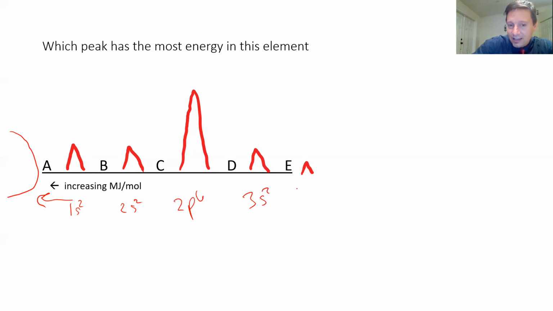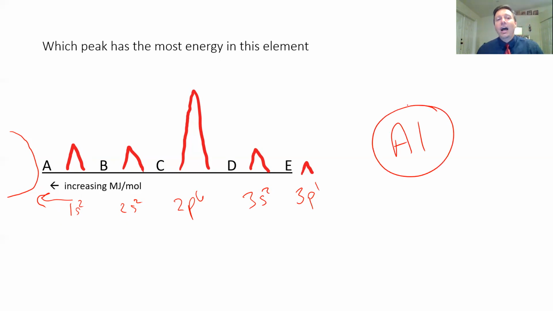We could say this here is 3p1, since that's about half the size of that, and that's 2, that would mean that's 1. So if we look at this, we have aluminum. So we identified our element.